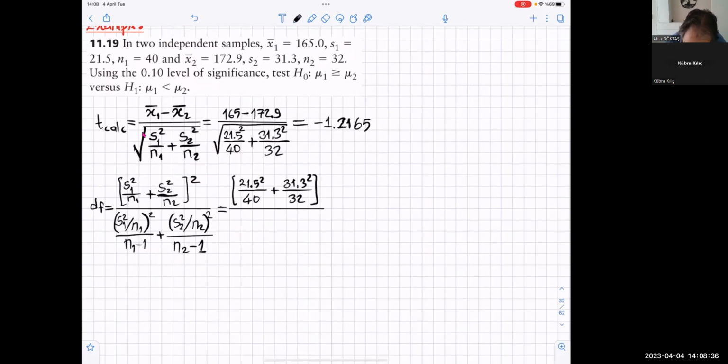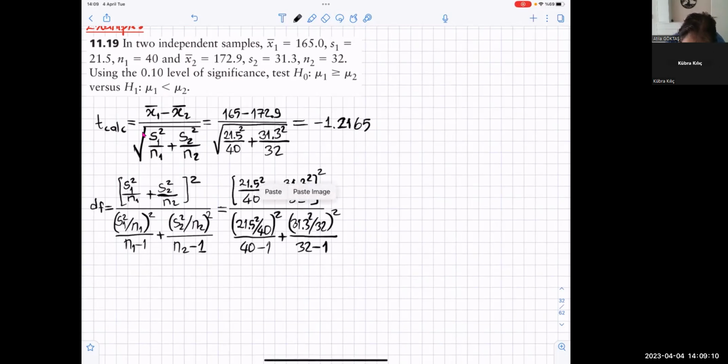Then this is within the square bracket, and this is squared. 21.5 squared divided by 40, within bracket, divided by 40 minus 1, plus 31.3 squared divided by 32, and this is squared, divided by 32 minus 1.